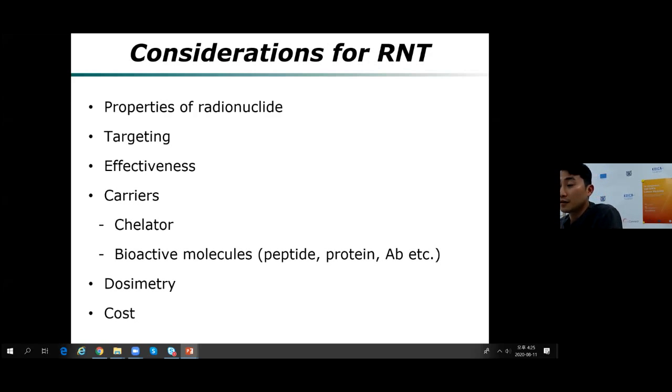After checking these considerations, we choose the targeting, consider the effectiveness of the radionuclide therapy, and then choose the proper carrier, meaning the chelator and bioactive molecules. After that, we check the dosimetry, and finally, we must consider the cost effect.